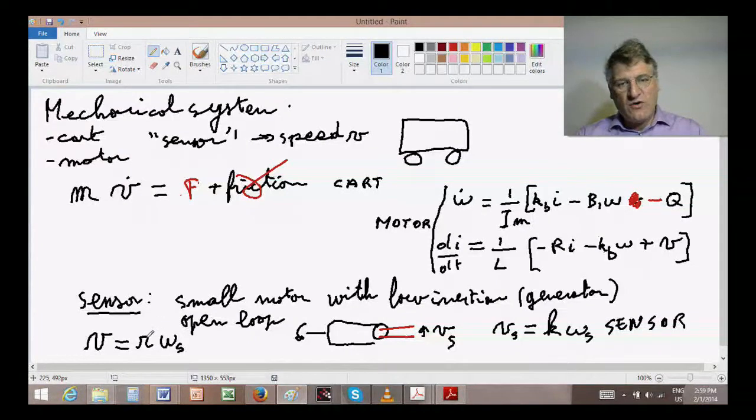It is a gear ratio, or it is a radius, for example, of the diameter of the wheels as they are connected to the little motor. It may be more complex depending on the kind of gear ratio you have between V and omega s, but eventually it will have the unit of a distance.